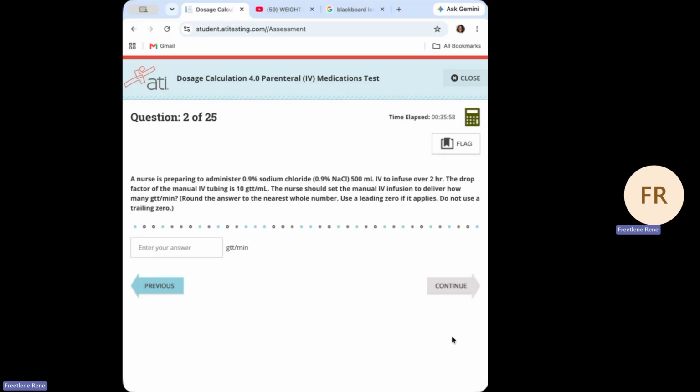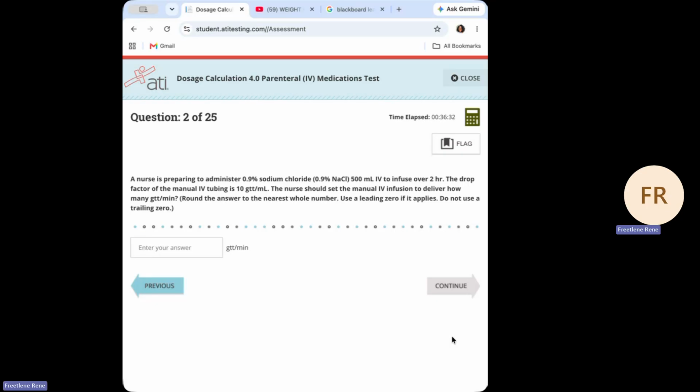So 10 GTT over 1 ml times what is it that you are trying to administer? A nurse is preparing to administer 500 ml IV over 2 hours. So you're going to put the 500 ml over the 2 hours.